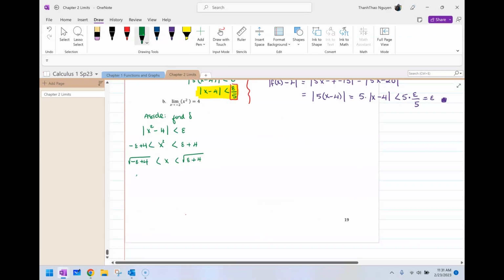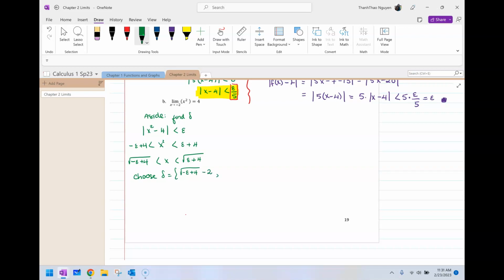We choose delta equal to the minimum of the distance from the square root of negative epsilon plus 4 to 2, and the distance from the square root of epsilon plus 4 minus 2.